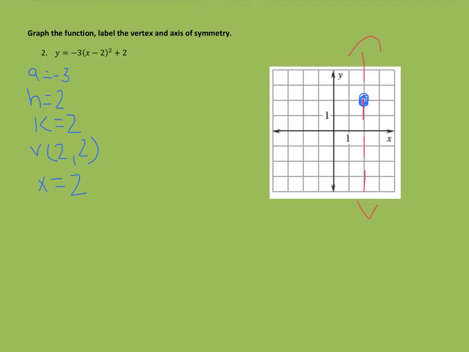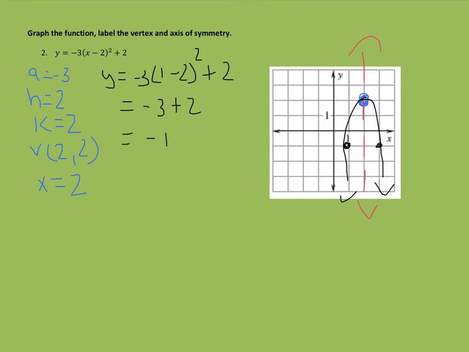If I plug in 1 and calculate it, 1 minus 2 is negative 1 squared, so positive 1 times negative 3 plus 2, you get negative 1. So 1, negative 1. And guess what? If you plug in 3, you're also going to get negative 1, because of the axis of symmetry: if you just fold it over the line, it'll be right there, okay?